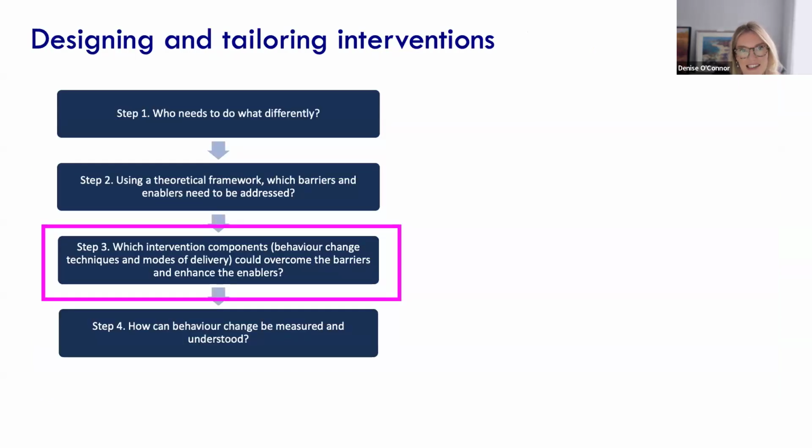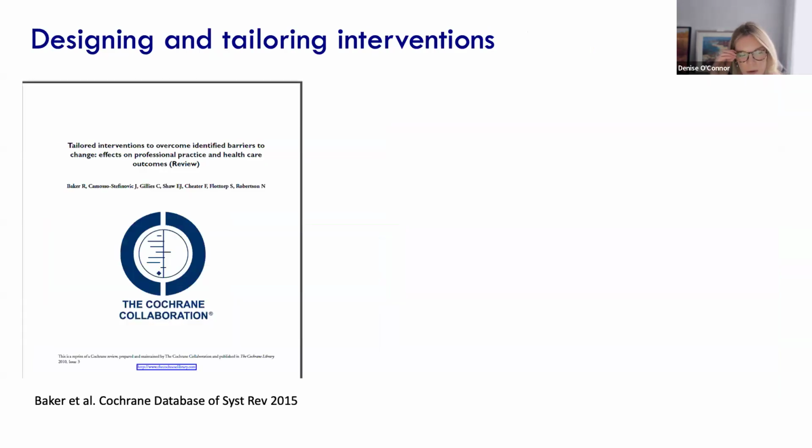So in terms of then designing or tailoring interventions, the concept of tailoring makes intuitive sense. And it's also supported by a systematic review led by Richard Baker and colleagues, and that shows that strategies that are tailored to prospectively identified barriers to change increase the odds of improving care compared with non-tailored or no interventions.